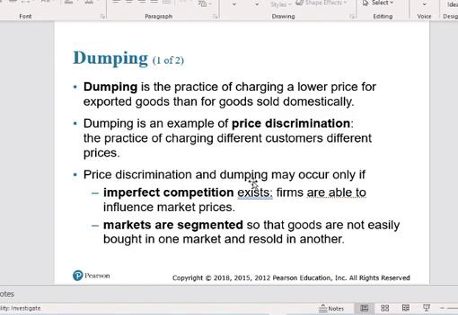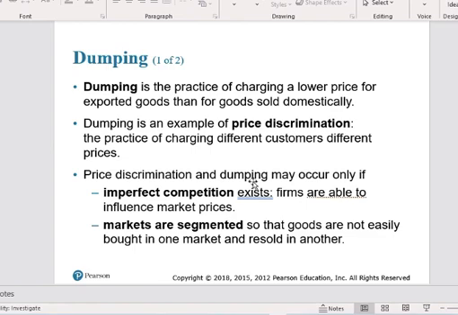If I want to put it in a real life example, you can think about dumping as if Huawei charges 2,000 yuan in China, but charges 1,500 yuan somewhere else, in Japan or in South Korea. That will be considered dumping because they're selling at a price in the overseas market that is cheaper than the domestic market.